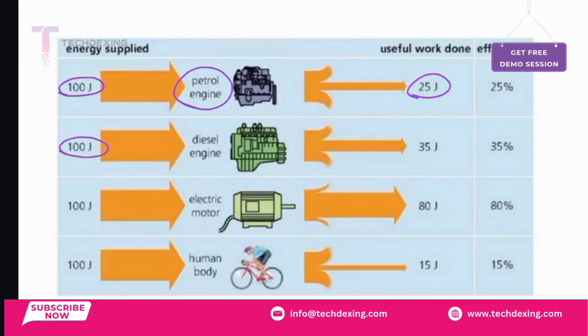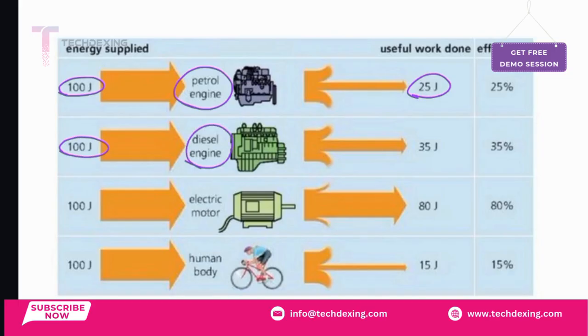Just like we have discussed, whenever the fuel is burnt in a petrol engine, the chemical energy stored in the petrol is converted into useful work. The vehicle starts to move because of the chemical energy that is harvested by the petrol engine.